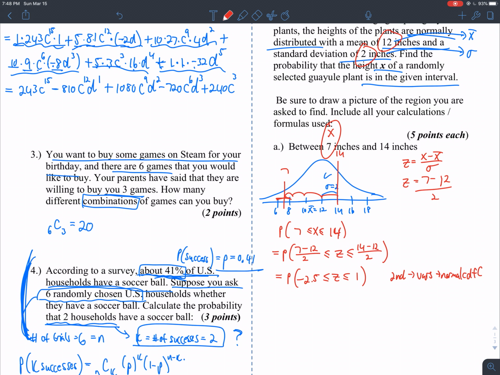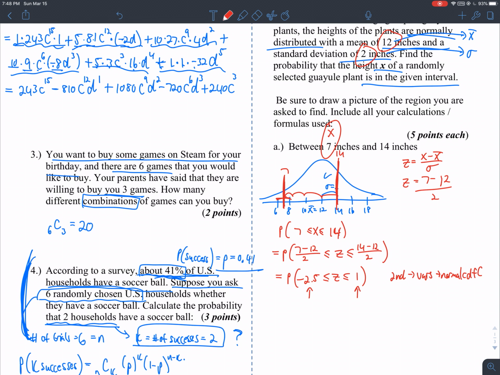Then it may or may not ask you some things. If there's a stat wizard that comes up and asks you questions, your lower bound is usually what we enter first. If I'm looking at my picture here, the lower bound is this number and the upper bound is this number. So what you would enter for lower bound is negative 2.5, upper bound is 1, and the mean and standard deviation of the standard normal distribution is always 0 and 1.